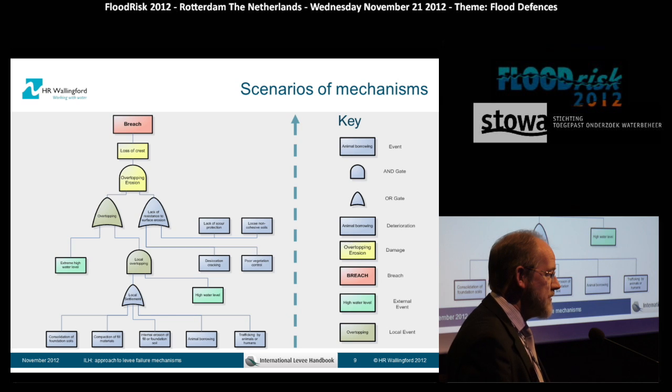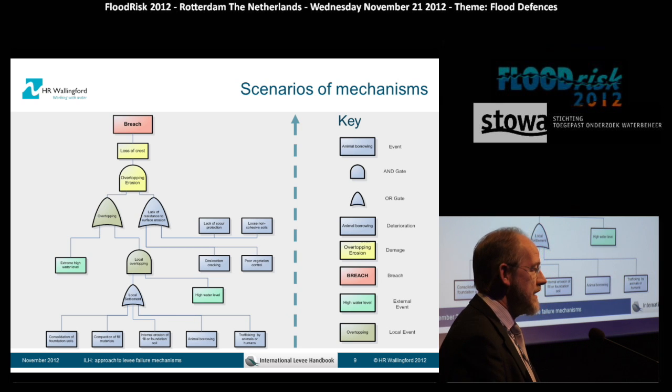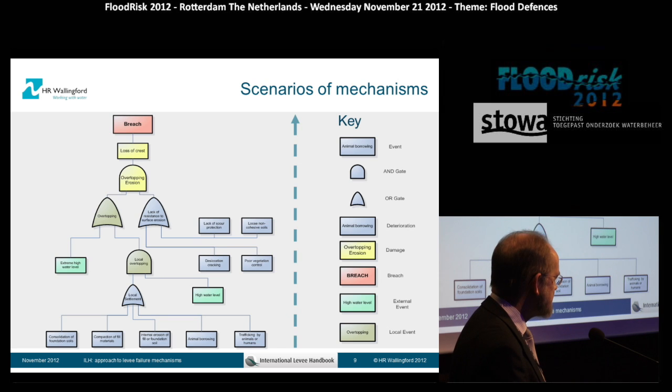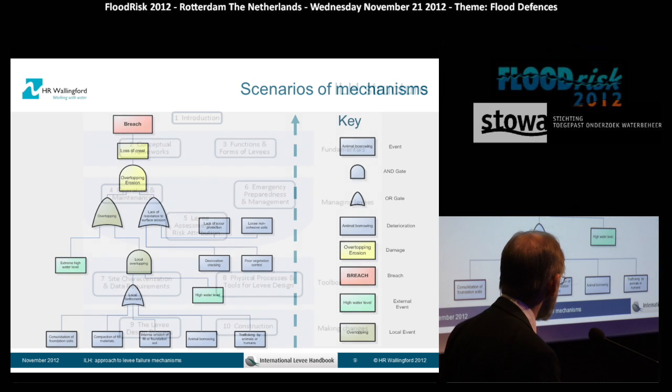So I don't think we came to any massive conclusions beyond that, but we had to think of a structured way of thinking about damage in order just to be able to create the handbook, and so this is the framework that we've used.